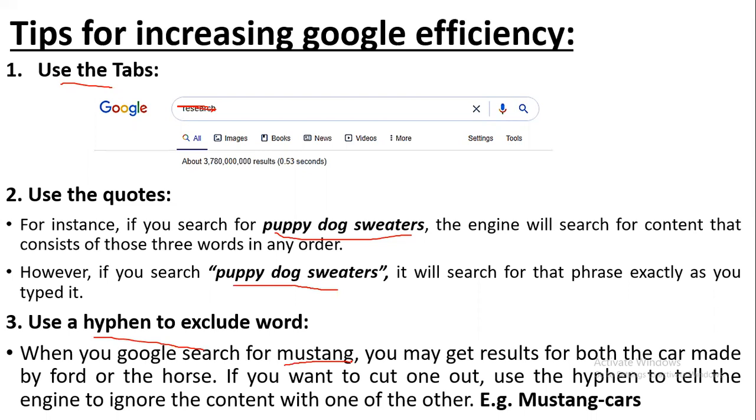But if you want to search just the car and not the horse, you will type Mustang hyphen horse. Now Google will show you all the results about Mustang cars, not the horses. So you can exclude some words from your search by using a hyphen.